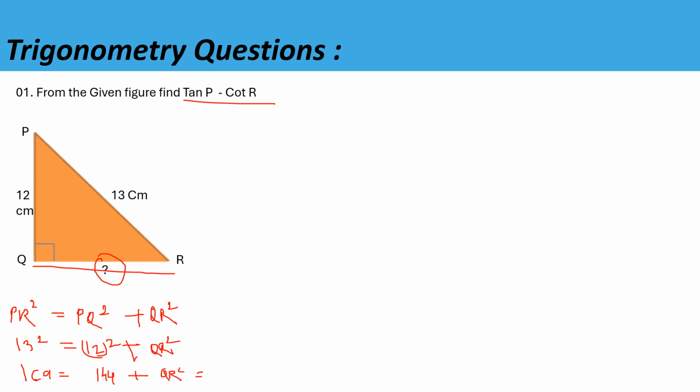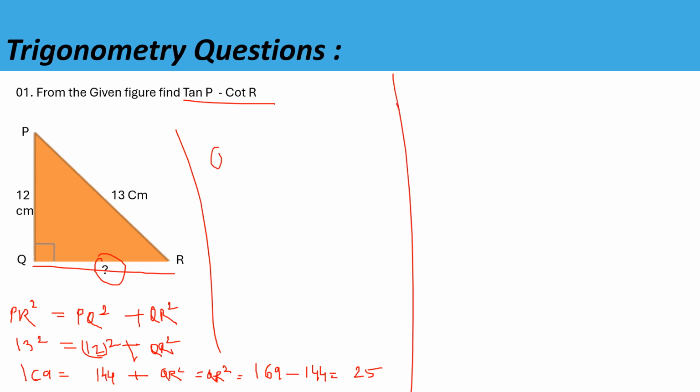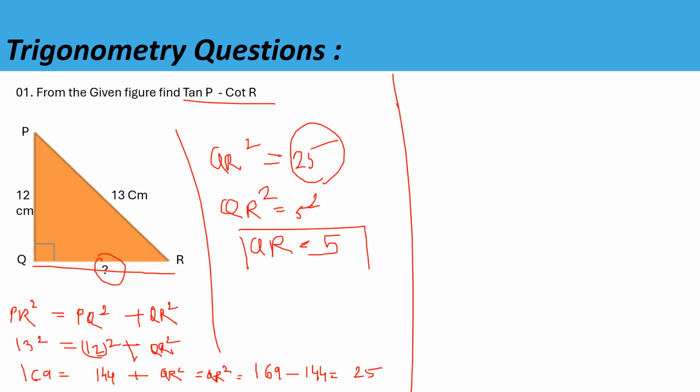So this equation can be QR square is equal to 169 minus 144, which is 25. So I'll solve here only. QR square is equal to 25, so QR square is equal to 5 square, because 5 square is 25. Then QR is equal to 5. From this equation we got that QR is 5.